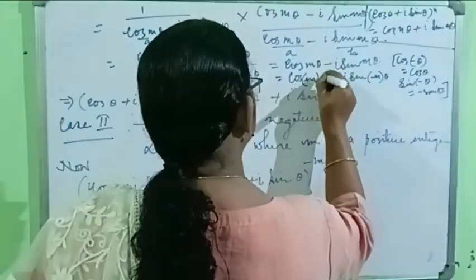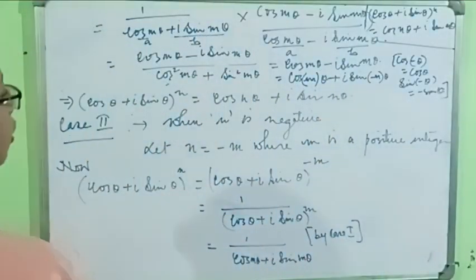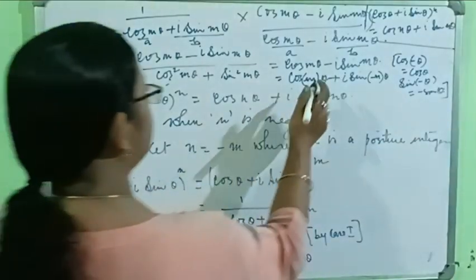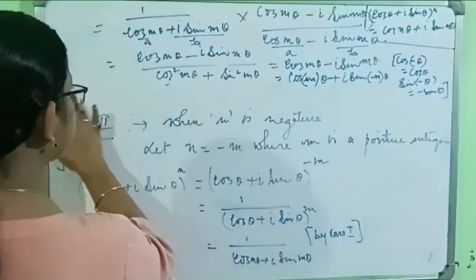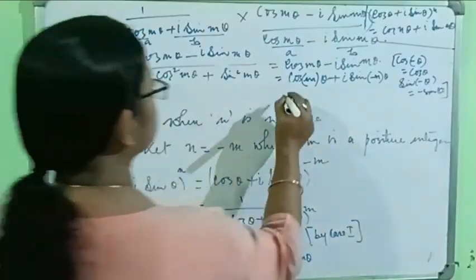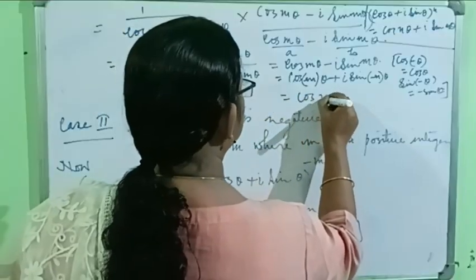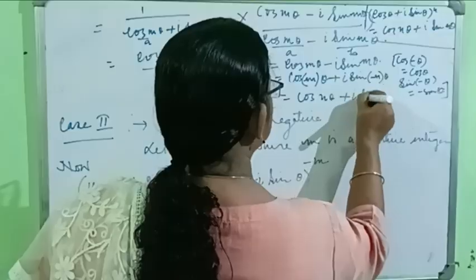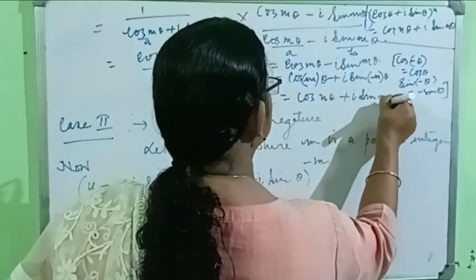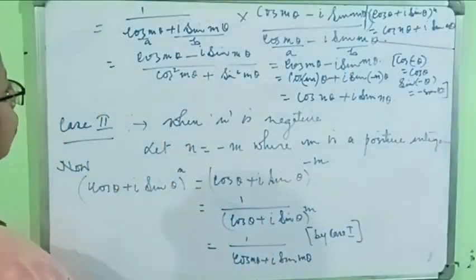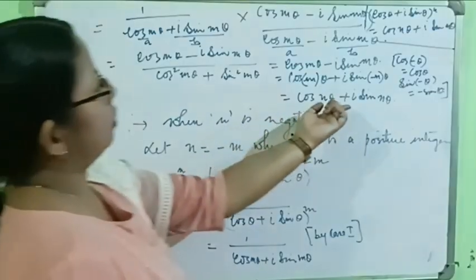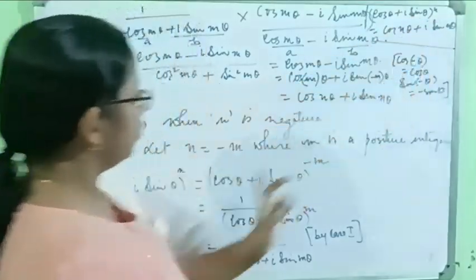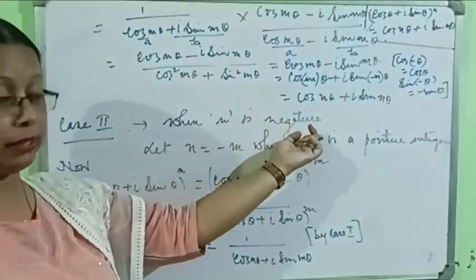In place of minus m, I can write m. So I am writing cos m theta plus i sin m theta. We have got the result, that means I get this result when n is a negative integer.